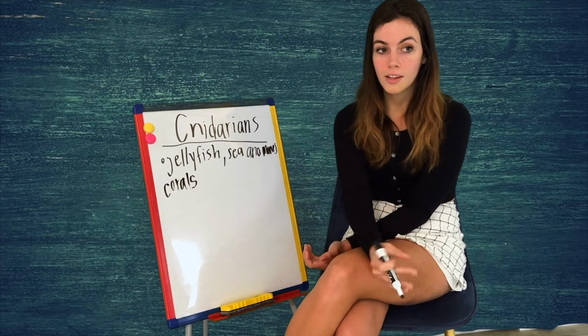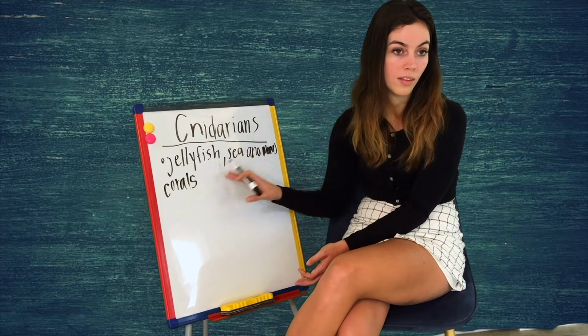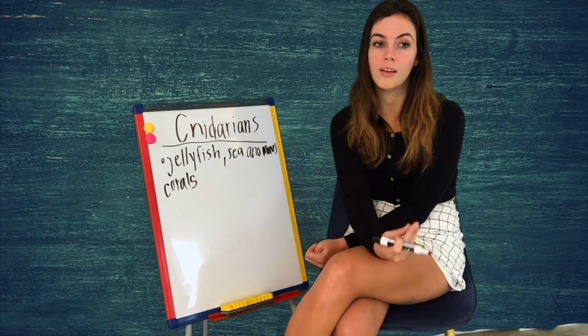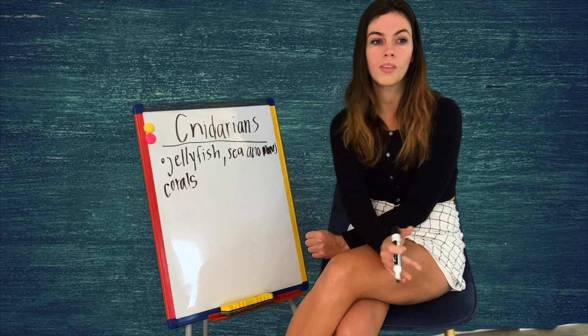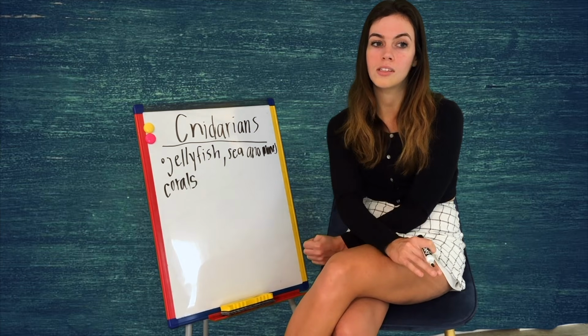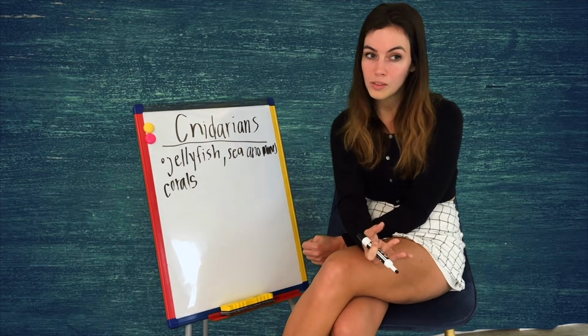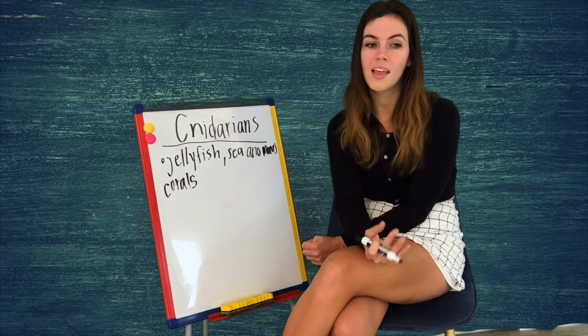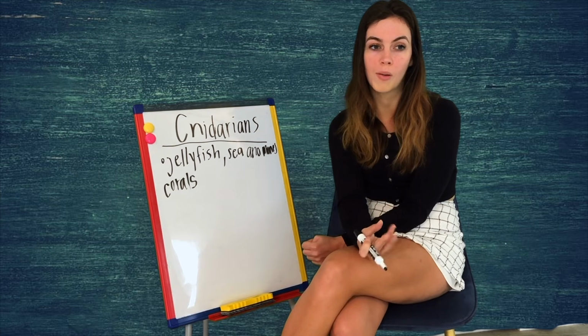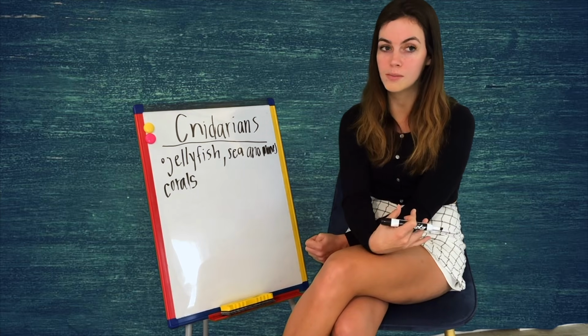So again, there are about 10,000 species of these, and their bodies have a radial symmetry. So body parts are arranged like spokes on a wheel. They have arm-like tentacles with stinging cells, and the tentacles capture small prey and push them into the body to be digested.